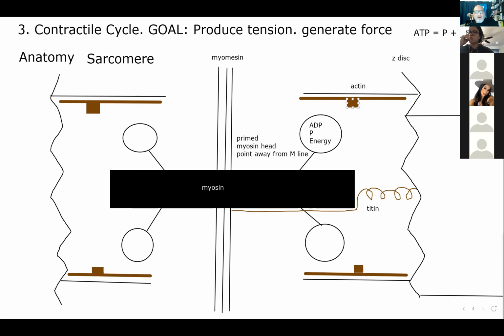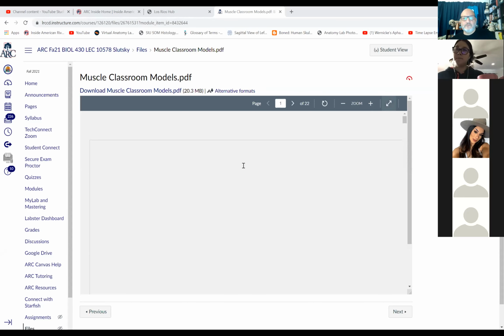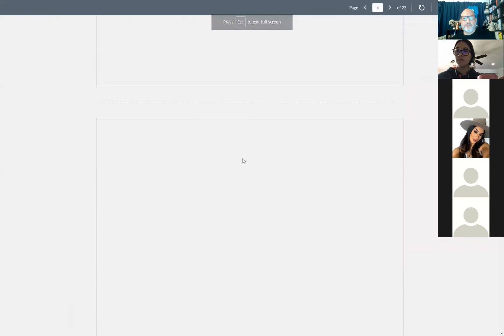And remember also in your module, under the lab handouts, scroll down to the bottom and wait slowly for it to load.